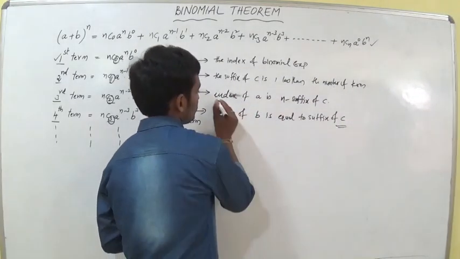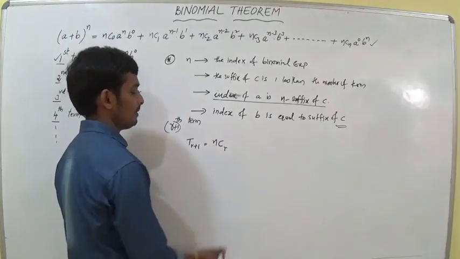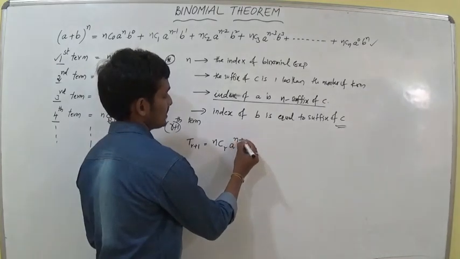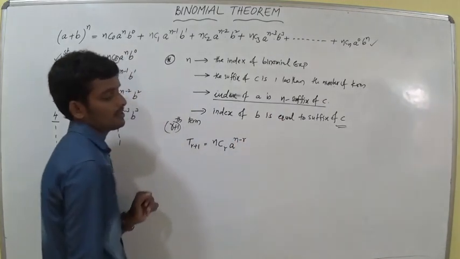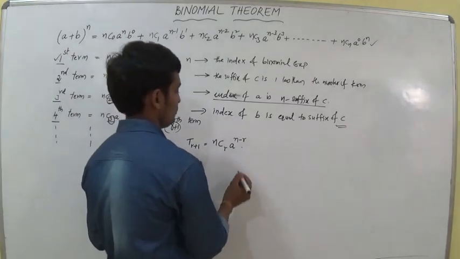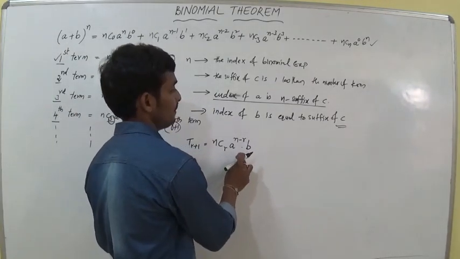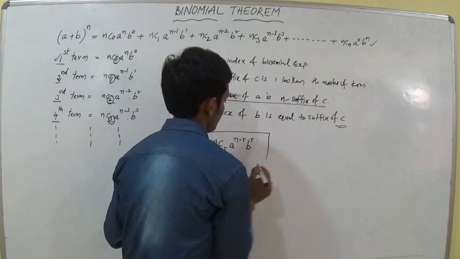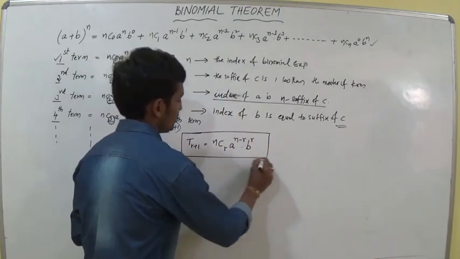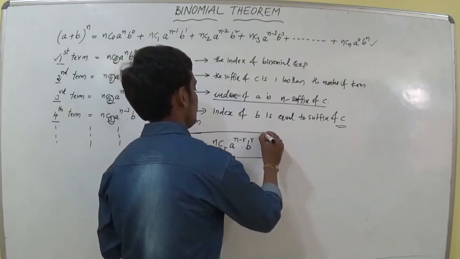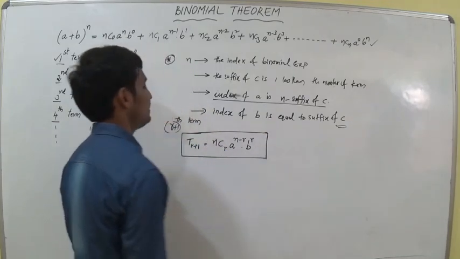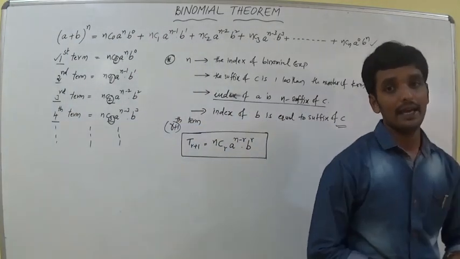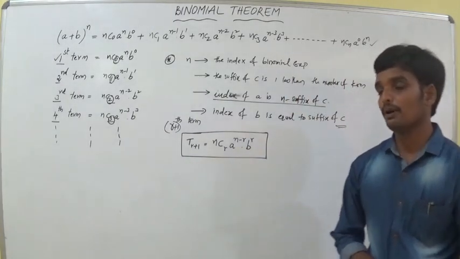Now a: a to the power of n minus the suffix of C, which is r, so n minus r, into b to the power of r. This is the general form of the terms in the binomial expansion: Tr plus 1 is equal to nCr a to the power of n minus r into b to the power of r.